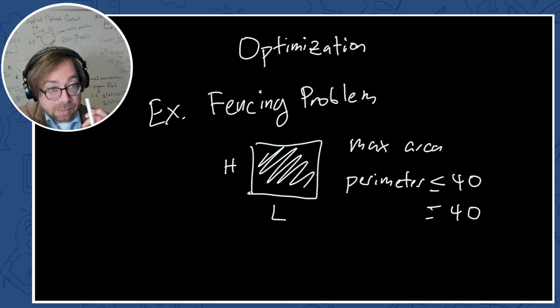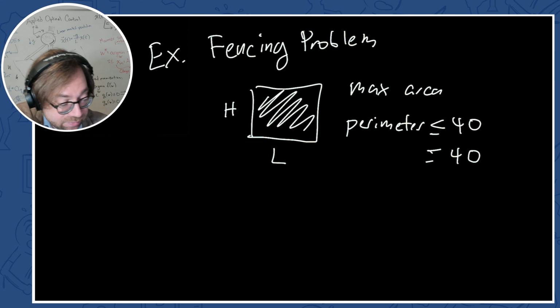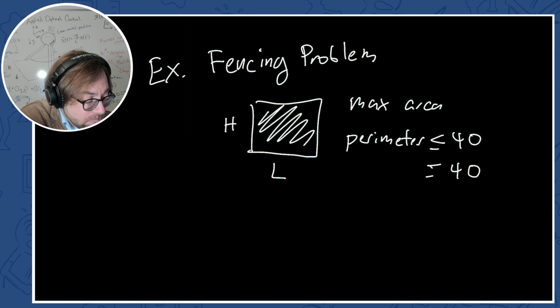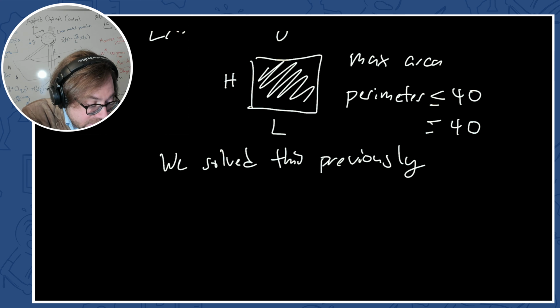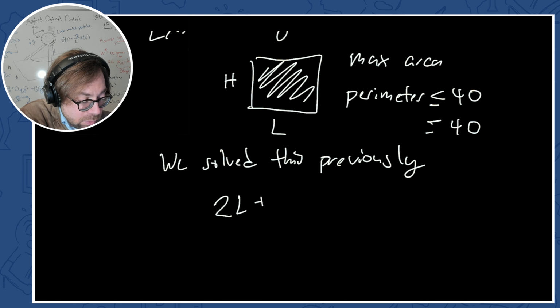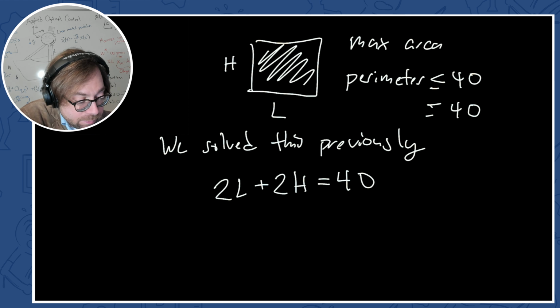One, we tried to solve it by hand. One, we solved it in MATLAB using gradient descent. We also solved it using a MATLAB function called fmincon. So we'll write some of this stuff out. So the way we solved this previously was by saying 2L plus 2H must be equal to 40.